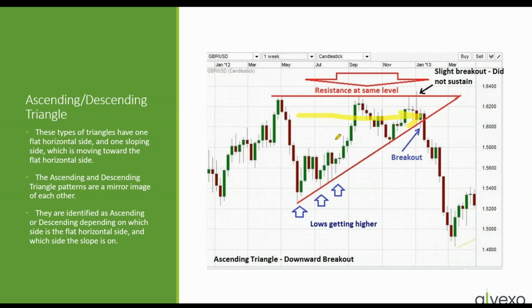But like we have here, we have an ascending triangle off of an uptrend, and the rule of thumb would say it should break out upward, but it didn't. It broke out downward. You cannot make a decision based on one single candle.